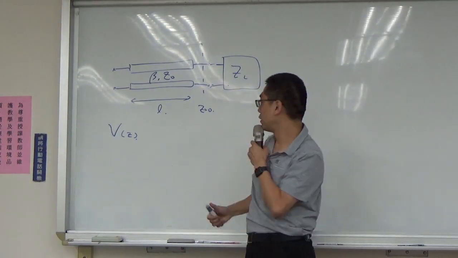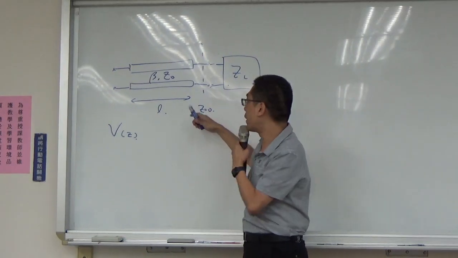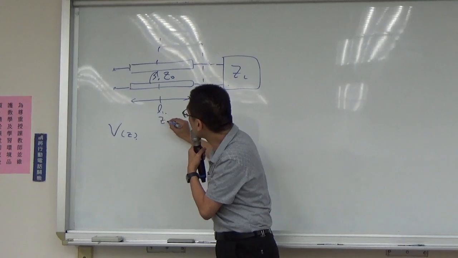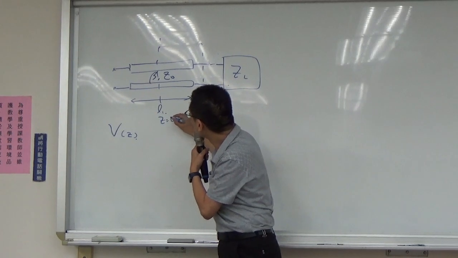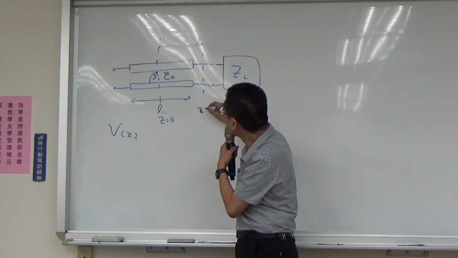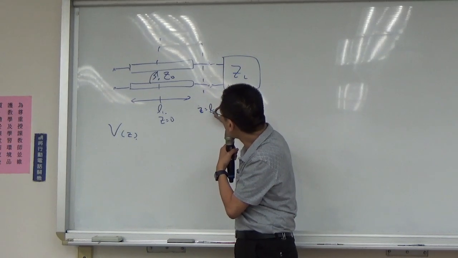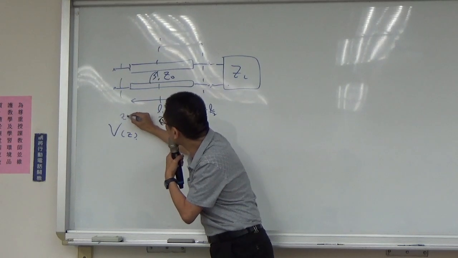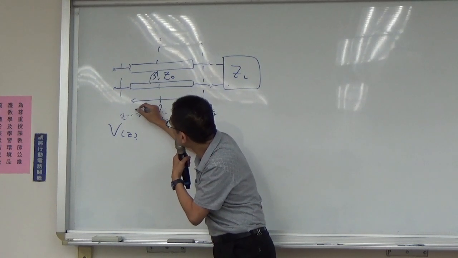Can I say Z equals 0 is in the middle of my transmission line? Can I do that? And so here it is Z equals L over 2, and here it is Z equals minus L over 2.